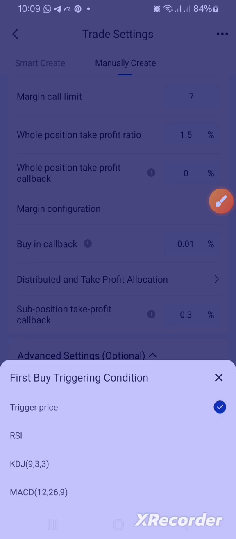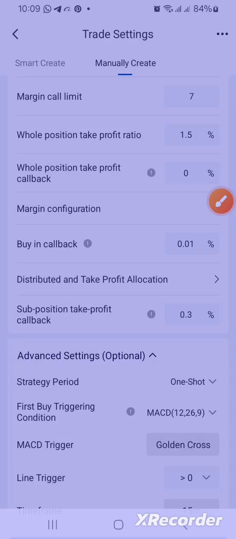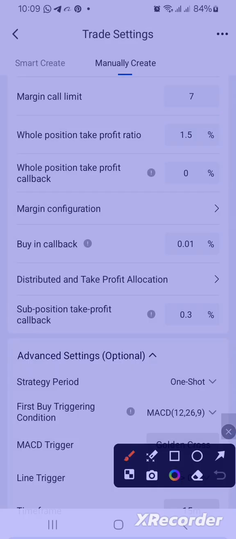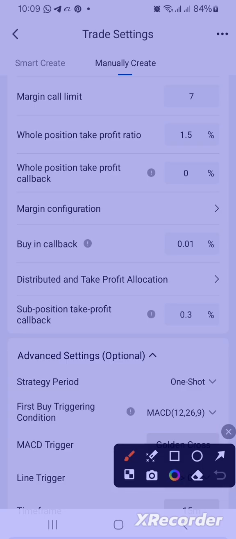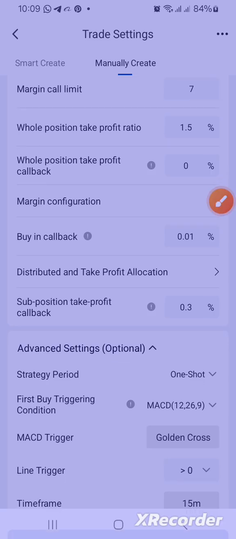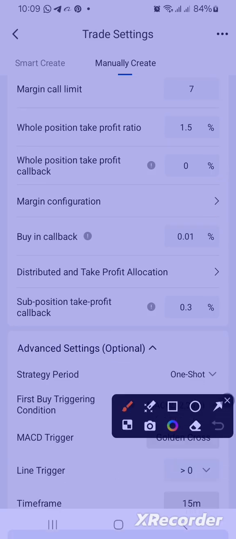So we'll find that now our first buy triggering condition will trigger with MACD indicator, and we have commanded it to trigger with a golden cross.